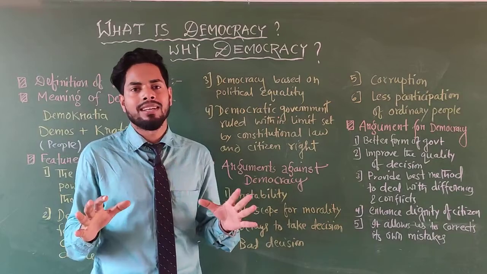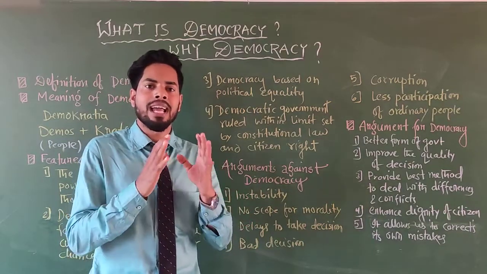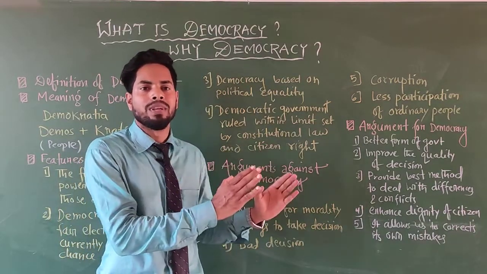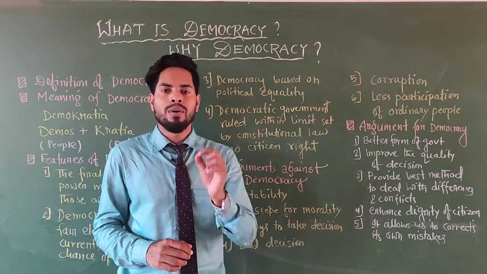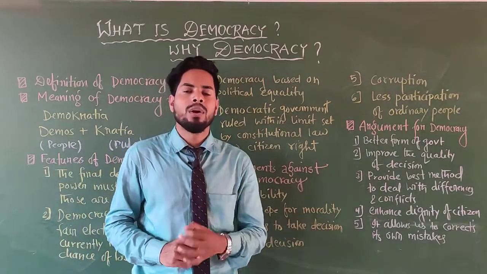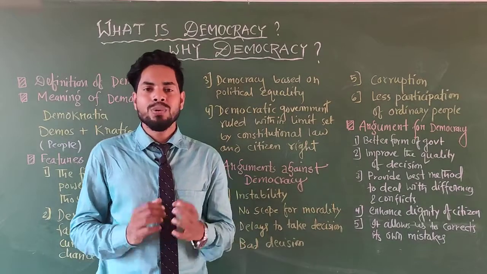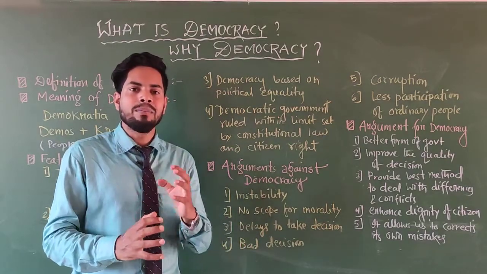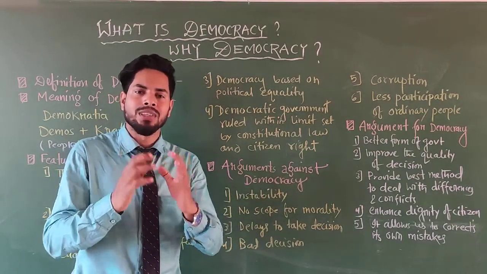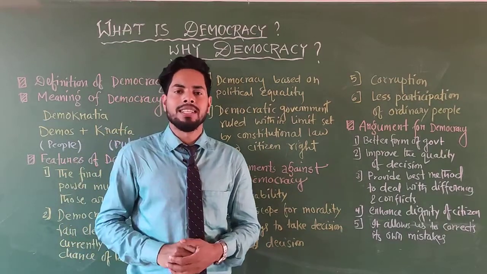So it doesn't matter. Everyone has an equal right to vote, one person has one vote, and one vote has one value. So we can say that democratic government is based on political equality.